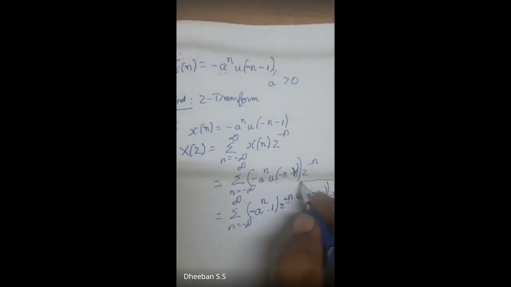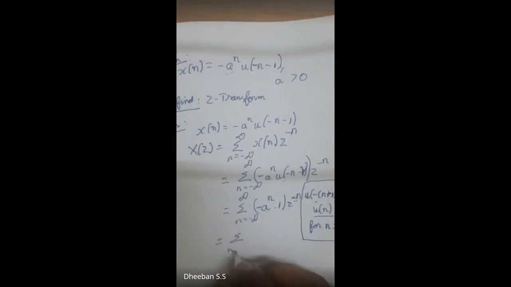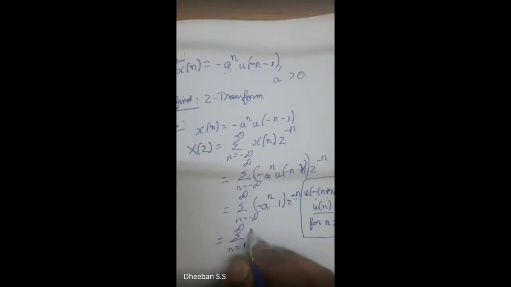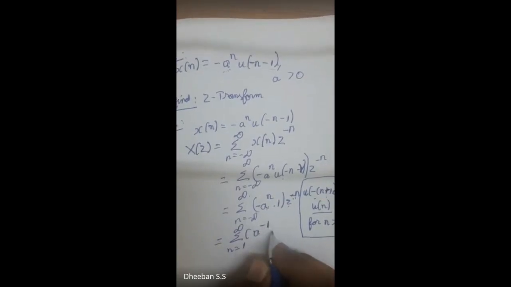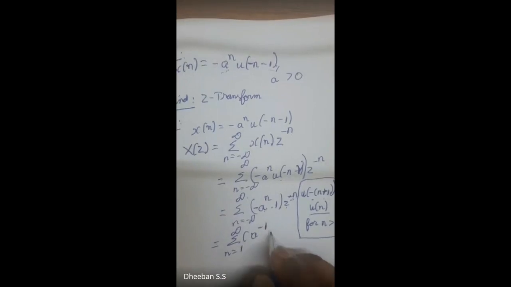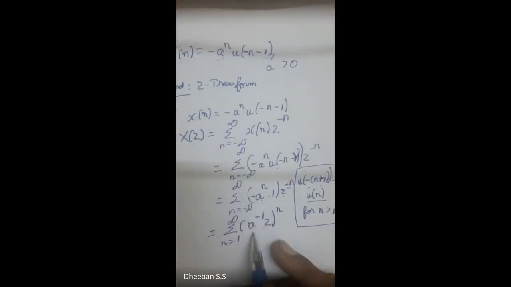Doing that, we get summation n equal to 1 to infinity of a power minus 1 z, the whole power n. Here the negative sign is omitted: we take the minus 1, the n becomes positive, and the summation is inverted.